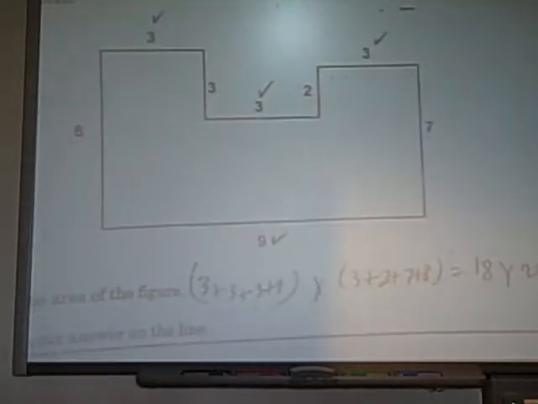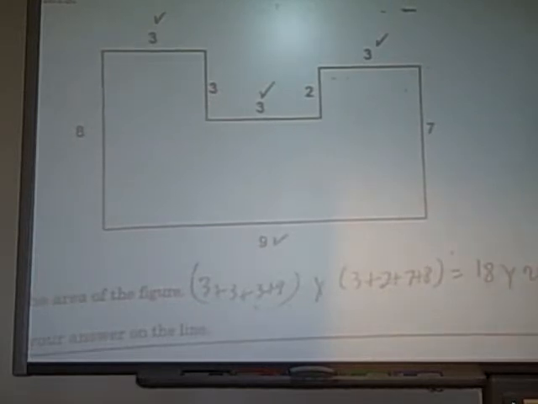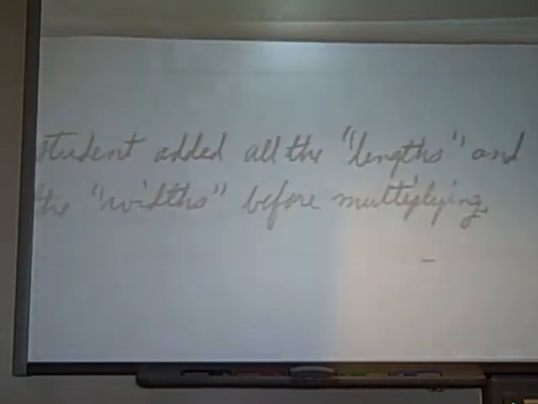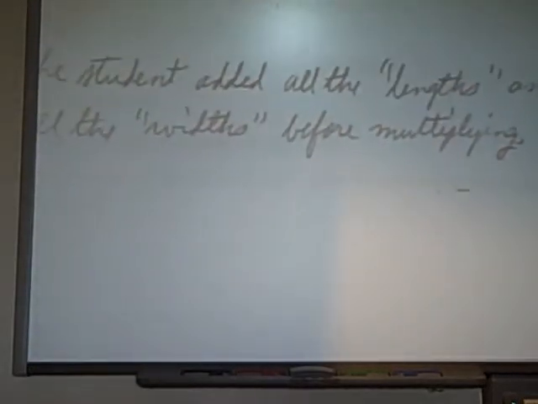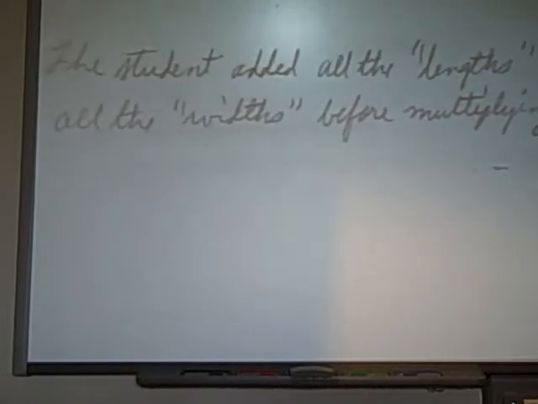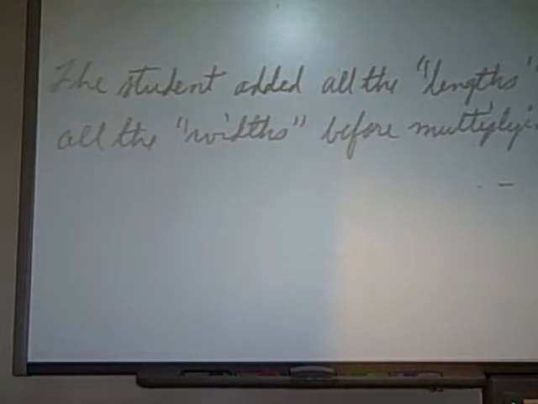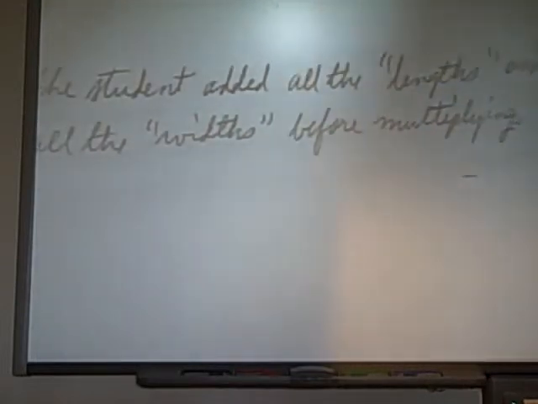They got 360. And the correct answer is 60. But the student added all the lengths and all the widths before multiplying. Okay, so now this is a similar situation to what you're going to be doing in groups.